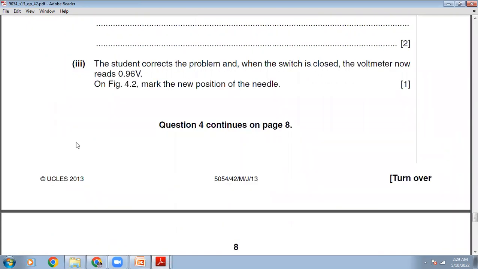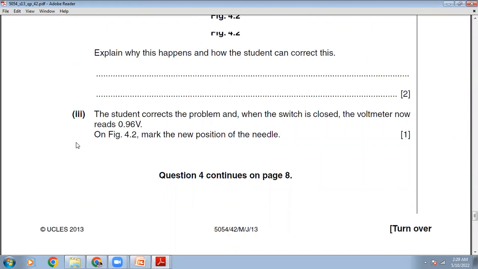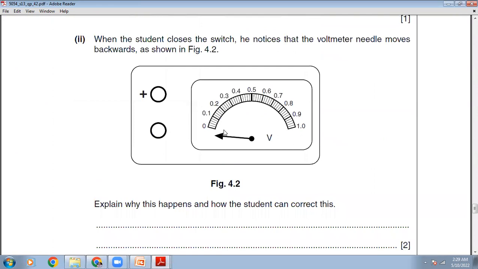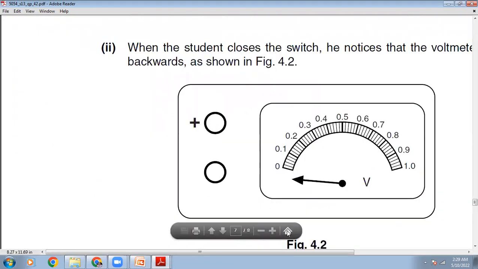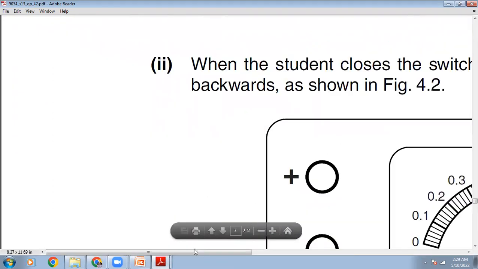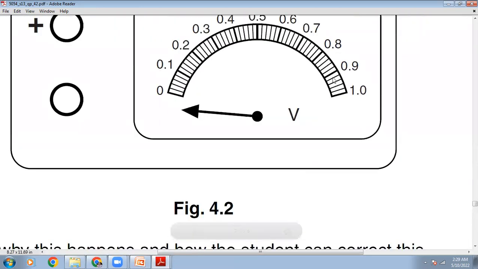The student corrects the problem, and when the switch is closed, the voltmeter now reads 0.96 volt. On figure 4.2, mark the new position of the needle. So 0.96 will be here. Let me show you. You have to put an arrow here. This will be 0.92, 0.94, 0.96.